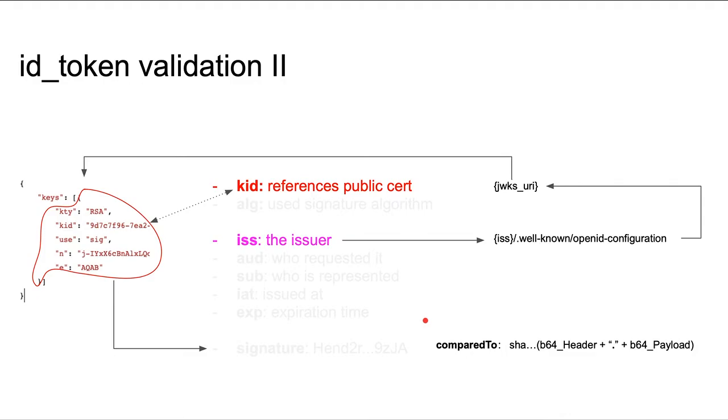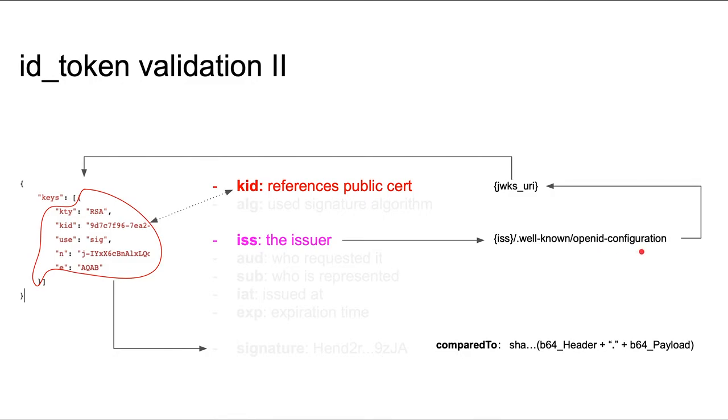But let's say you have to validate the signature. How it works is you grab the issuer value, and after you've checked that you want to trust this issuer, like https://example.com/issuer, and if you have specified that as a valid value in your system, you take it and combine it with .well-known/openid-configuration.